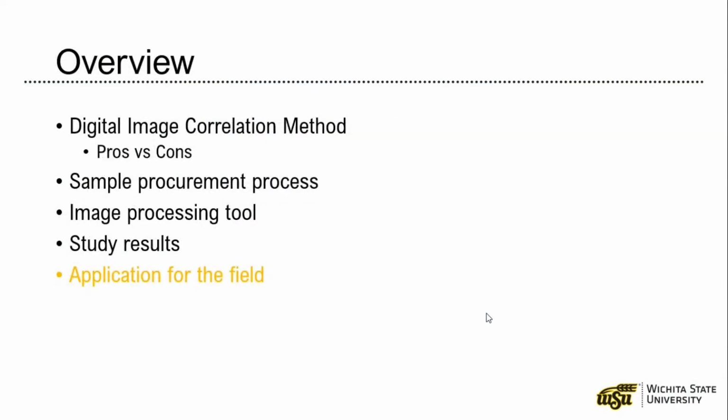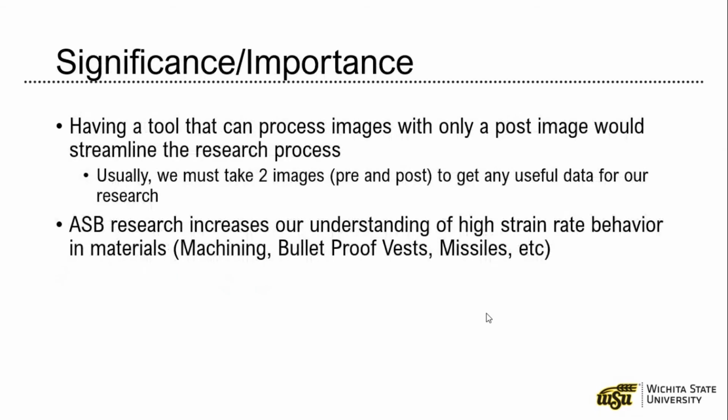So the application for the field. Right now, having a tool that can process images with only a post image would streamline the research process. Usually we take two or more images to get useful data from the DIC method. But in this method, we'd only have to use the post image. We can use that to check our current DIC methods.